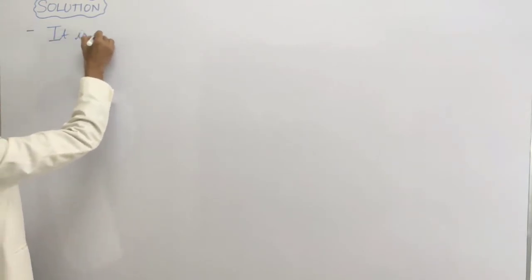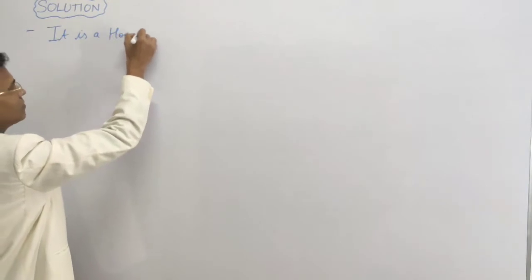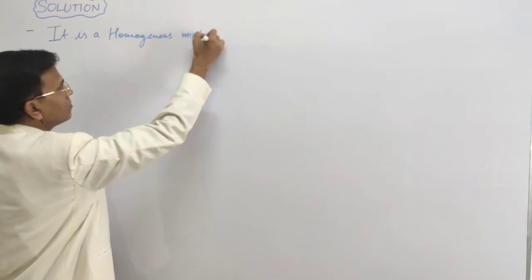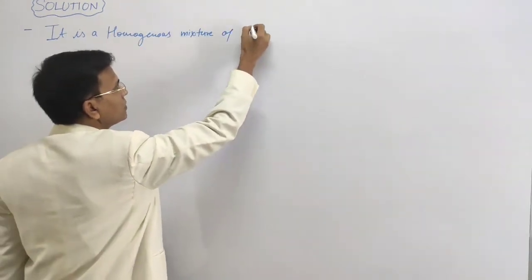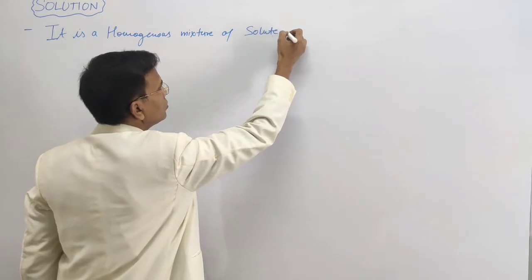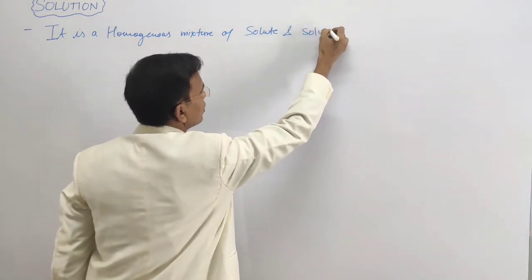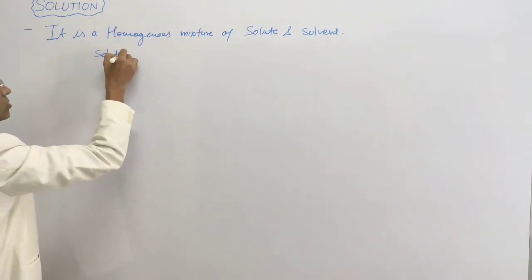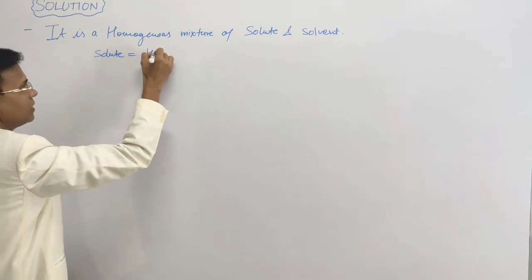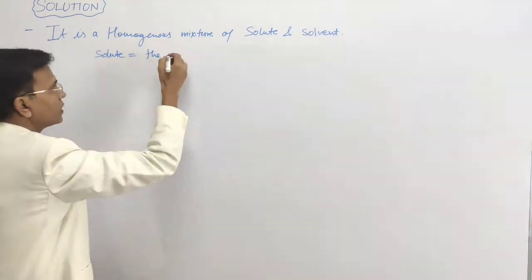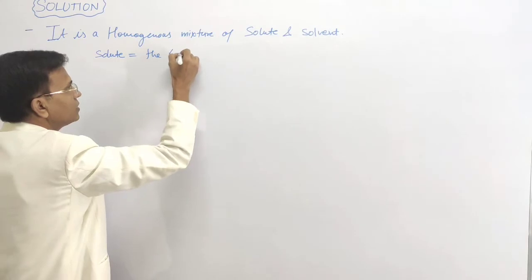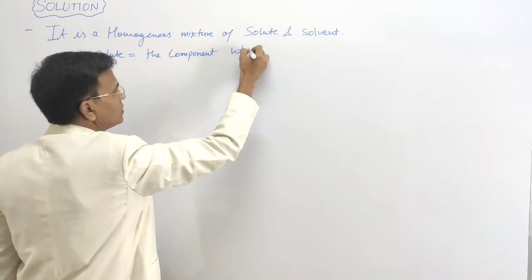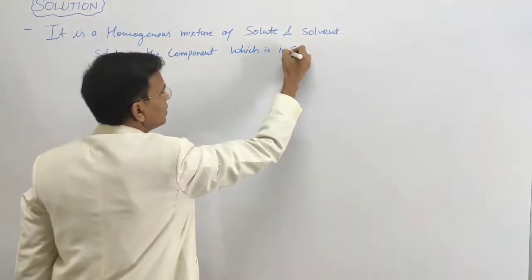So here it is. It is a homogeneous mixture of solute and solvent, right? Now the solute is the component, the minor component, that is the component which is in a small amount.